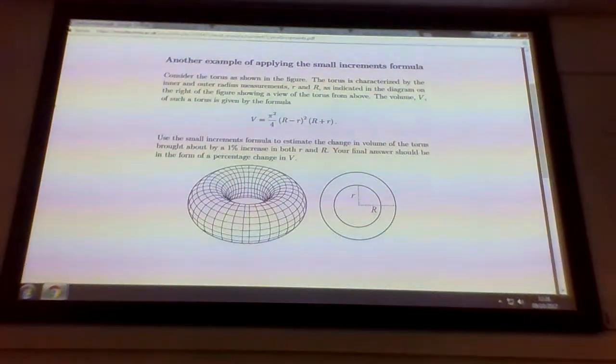So to apply the small increments formula and work out an approximation for how the volume is going to change, the two radii both increase by 1%. This will follow the treatment given to the resistance of the wire, this time applied to the volume of the torus. We'll take a few minutes to work on it with your neighbors, discuss it and see how you'd approach it. I'll go through the solutions shortly.